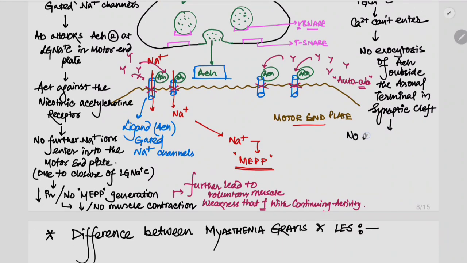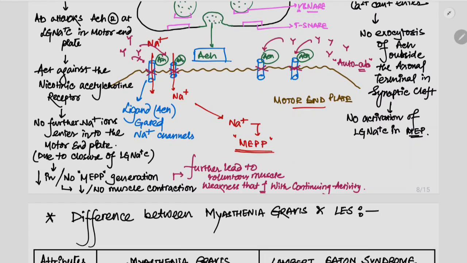So no activation of ligand gated sodium channels in the motor end plate, right? So there is no depolarization in the motor end plate. So there is less or no motor end plate potential generation, which further leads to voluntary muscle weakness, right?